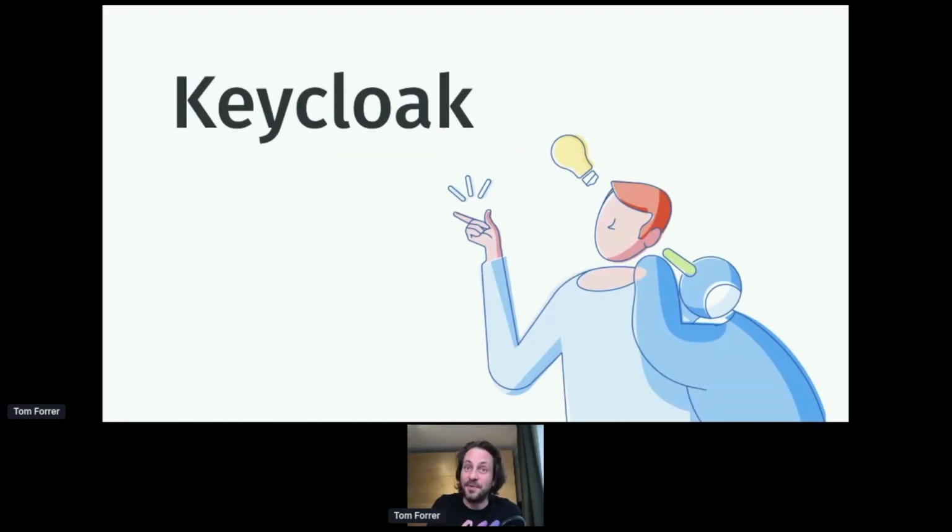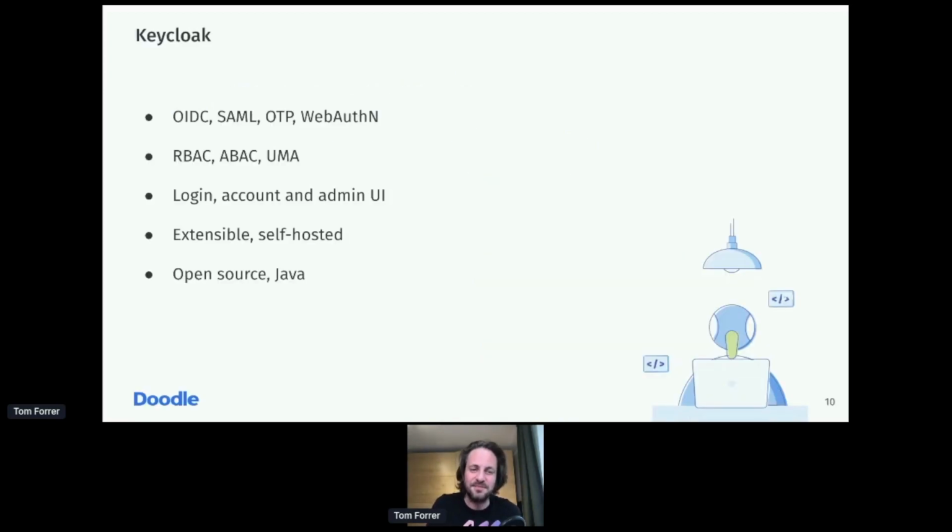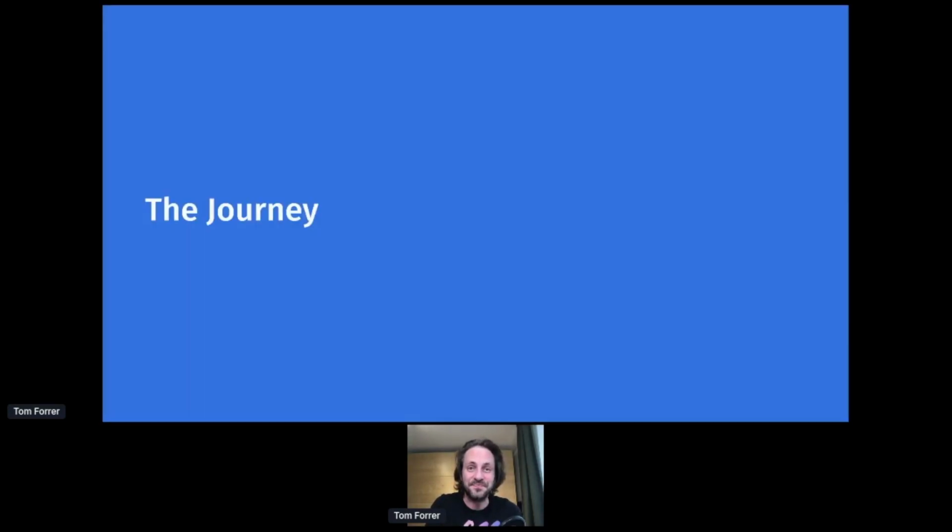Keycloak comes with many features. It is an open-source project backed by Red Hat and has all the standard authentication and authorization protocols. It provides a lot of things out of the box, but can be extended and be deployed on our infrastructure.